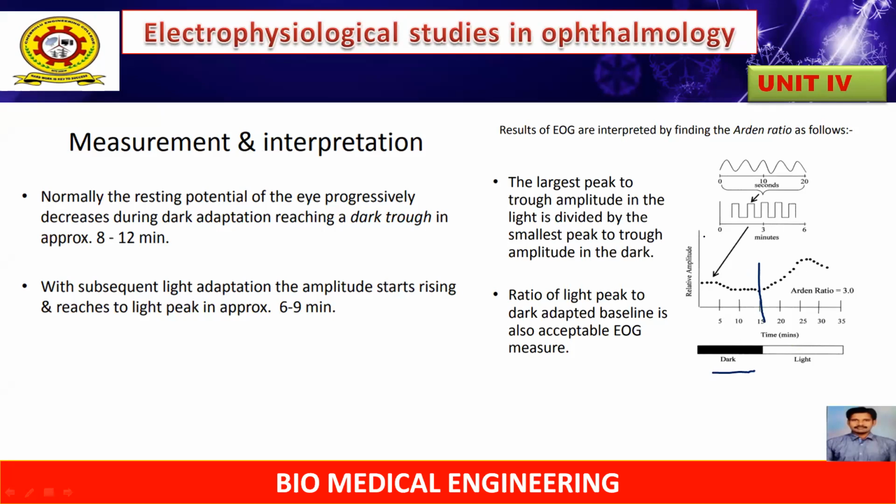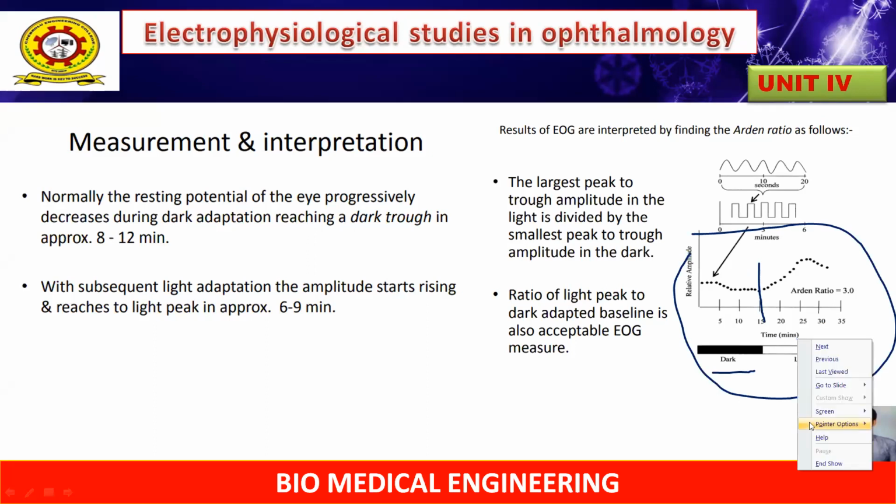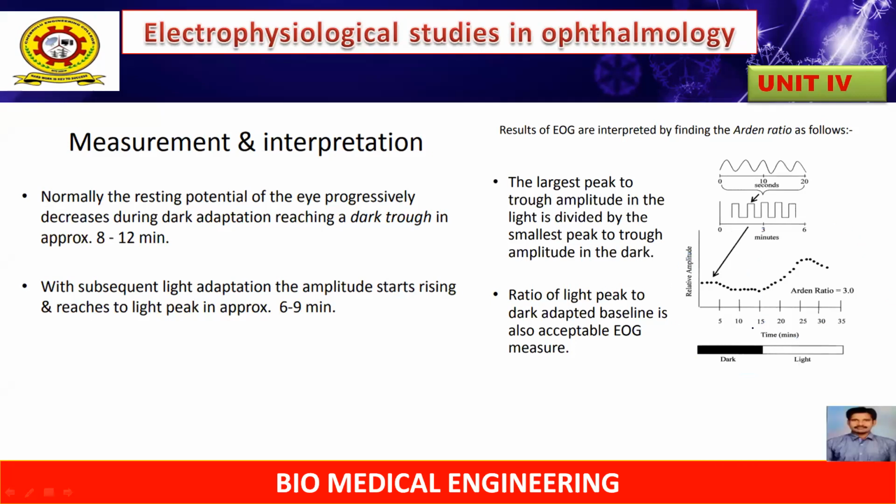What does this picture indicate? It shows how to represent the Arden ratio. Up to here we have the dark trough, and up to this limit we have the light level. Clear? Up to this, there are only 5 parts.